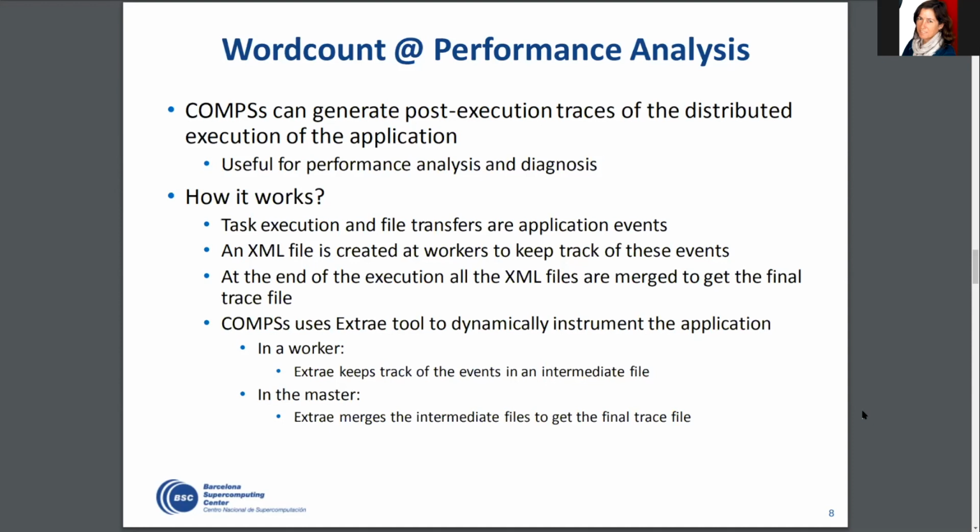To harvest all these events, we use the Extrae tool, which is also provided by BSC, and dynamically instruments the application. For example, in a worker, Extrae keeps track of the events in an intermediate file, and the master merges the intermediate files with the master file at the end of the trace file. And during the execution, it is able to get even performance counters, which are sometimes very interesting to analyze the performance more in depth.